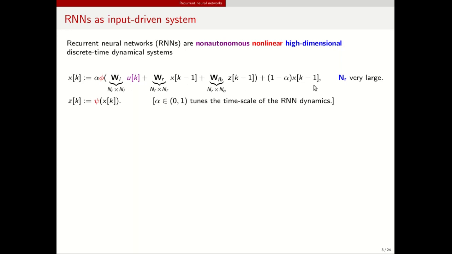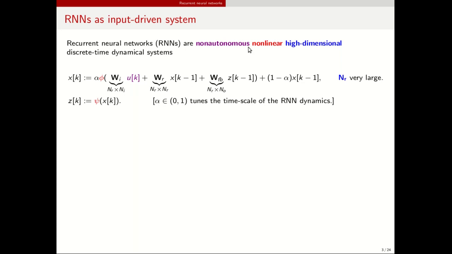Here in this equation we can see also there is the parameter alpha, which is called the leakage rate, which basically tunes the timescale of the recurrent neural network.